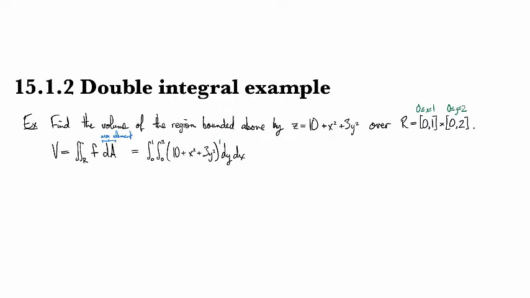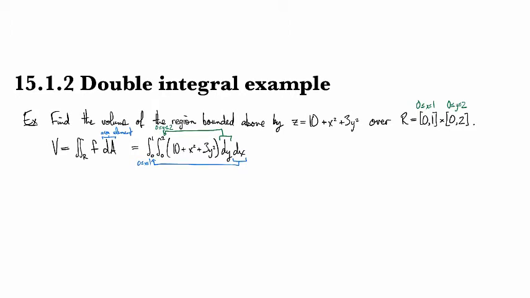Just notice that this dy here is matching that y goes between 0 and 2, and this dx here is matching up with the fact that x is going between 0 and 1. Okay, so that's the way to write it, and then how to compute it.